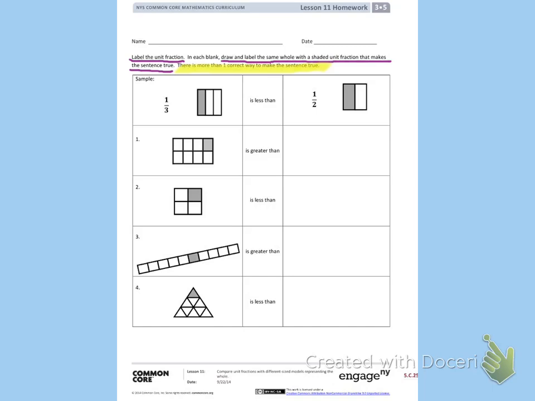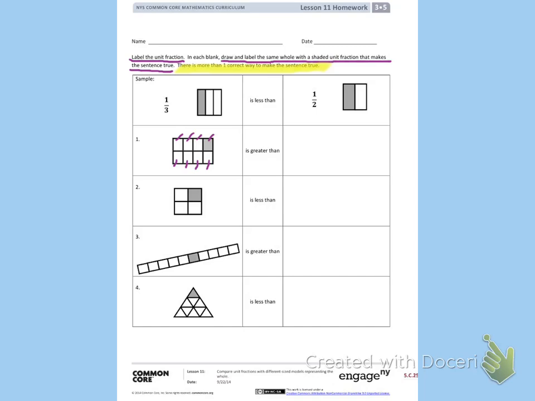Let's look at item 1. The first thing I need to do is label the unit fraction. I'll go ahead and count the number of equal pieces there are in this rectangle. 1, 2, 3, 4, 5, 6, 7, 8.